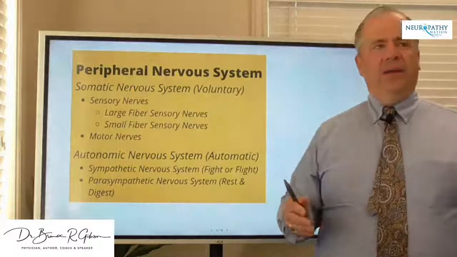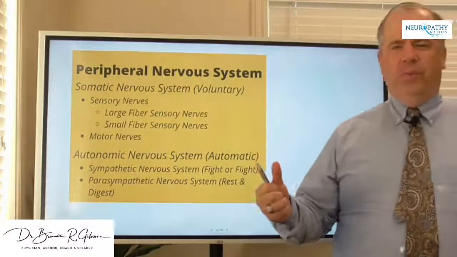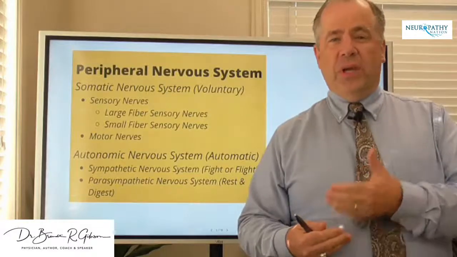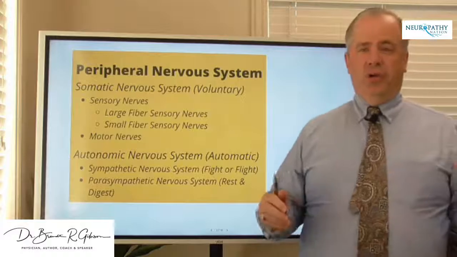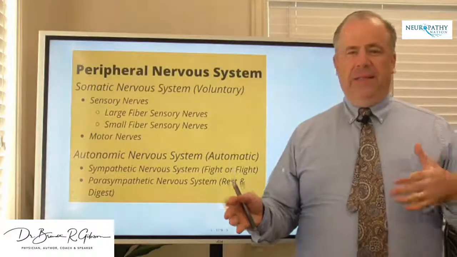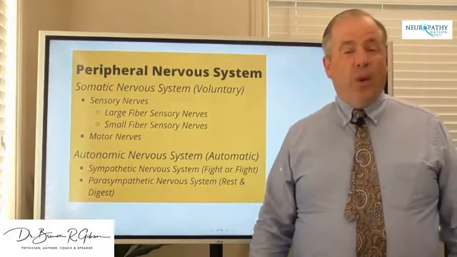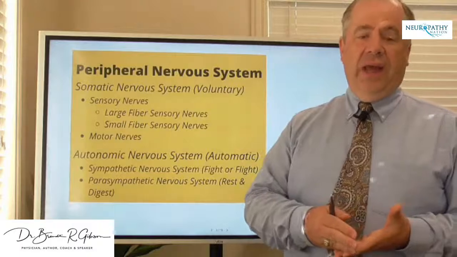For fight or flight, basically the system ramps up, ready to get into an emergency situation if necessary. It's going to increase heart rate, increase blood pressure, focus your eyes so you can see a little bit better, and prepare the muscles to be able to run away. All of this is happening as part of the fight or flight.